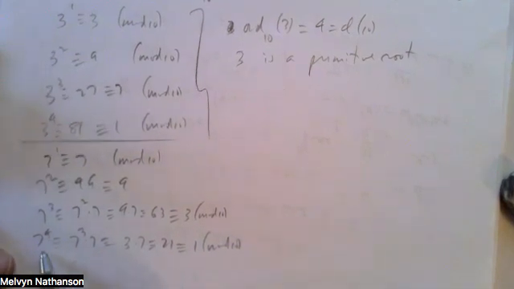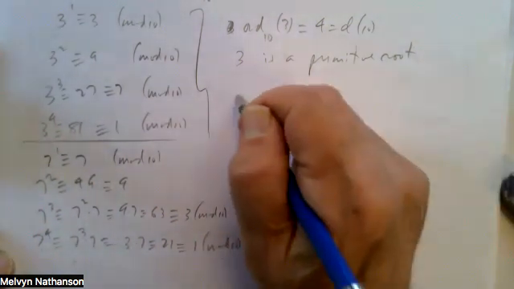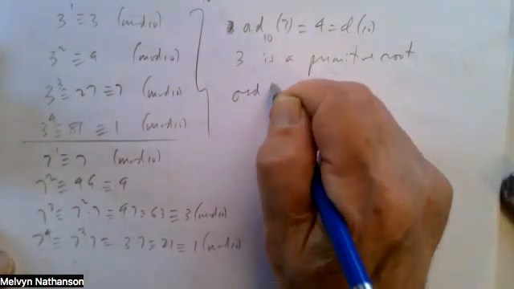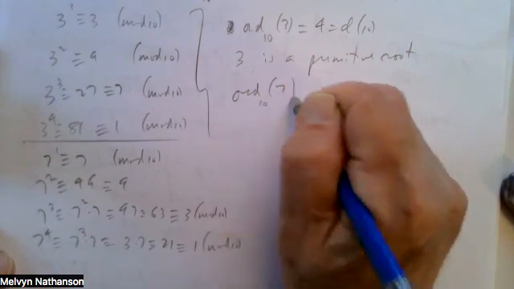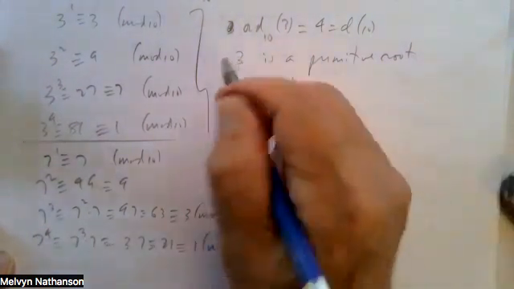So the smallest power of 7 congruent to 1 mod 10 is 4, so the order of 7 mod 10 is also 4.